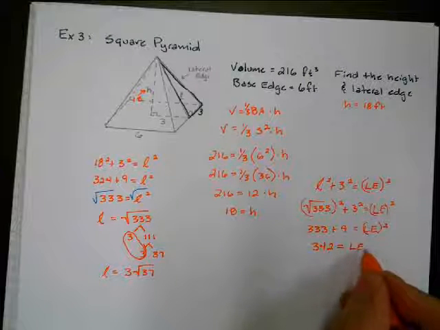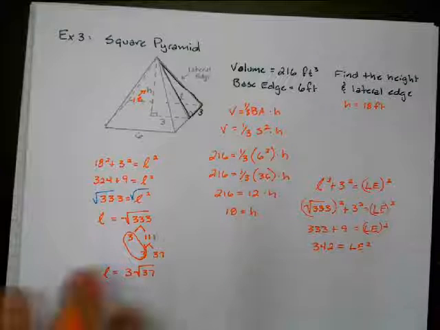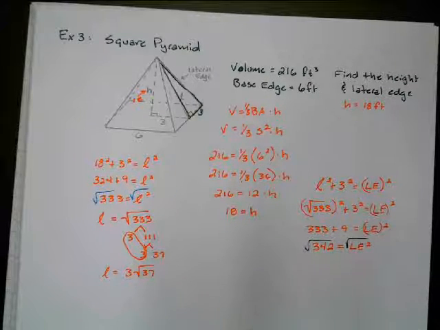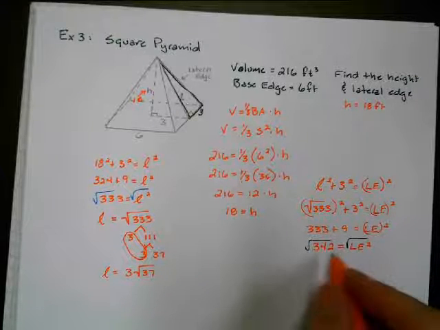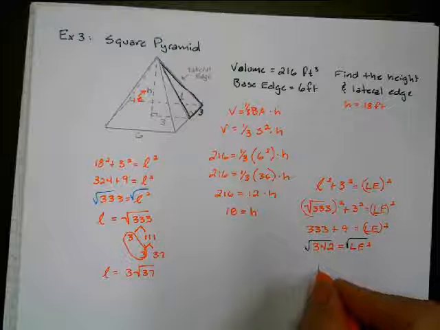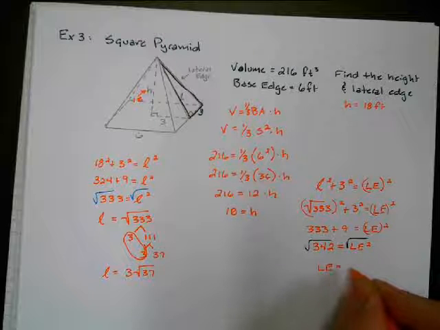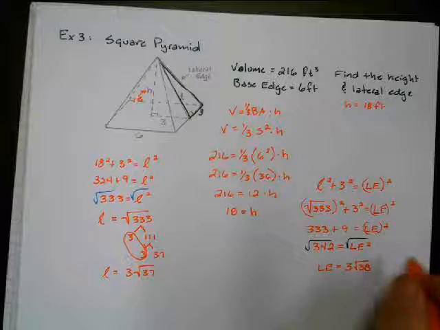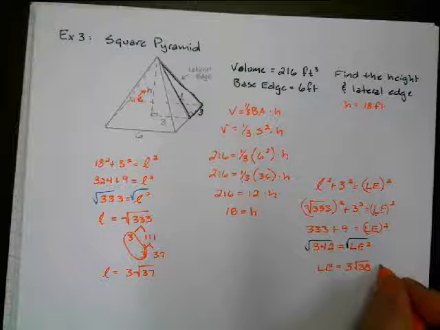So I'm going to take the square root of both sides here. I'm just going to plug it into my calculator because I really don't feel like doing this right now. Thank you, calculator. So this reduces to 3 square root of 38. So our lateral edge reduces to 3 square root 38, and this is in feet. There's my lateral edge.